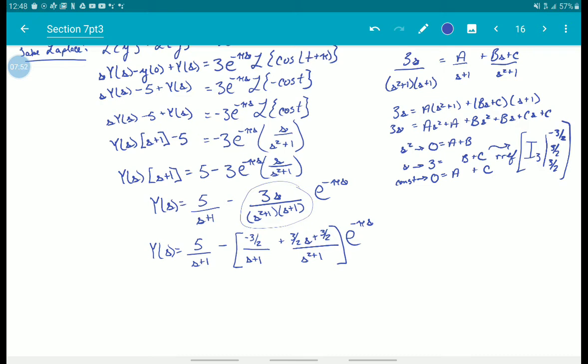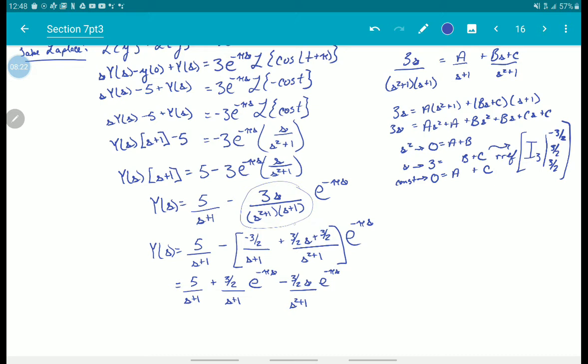So I'm going to do some distributing here just to make this easier for us to see. I'm going to distribute that negative and that exponential in. So we're going to have 3 halves over s plus 1 e to the negative pi s. And then we're going to have a minus 3 halves s over s squared plus 1 e to the negative pi s.